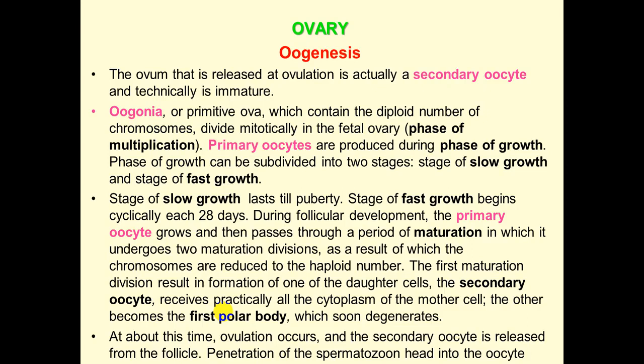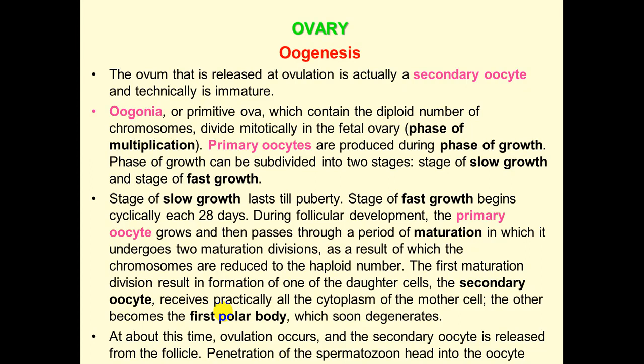At about this time, ovulation occurs. After the first division of maturation occurs the ovulation, and the secondary oocyte is released from the follicle and then passes to the uterine tube.